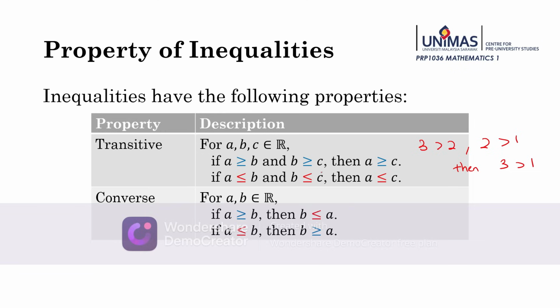Now convert: 3 is greater than or equal to 2. If you want to convert it, we can say 2 is less than or equal to 3. So we change the left hand side to the right hand side, and the inequality sign also changes.